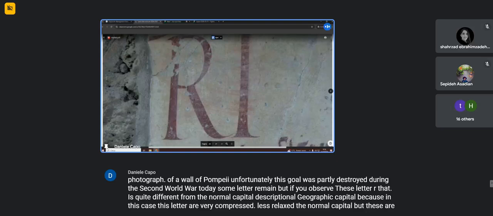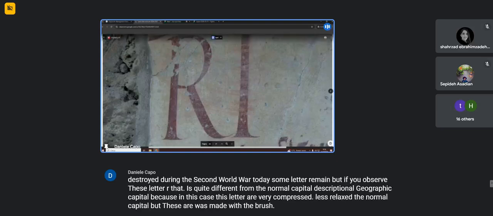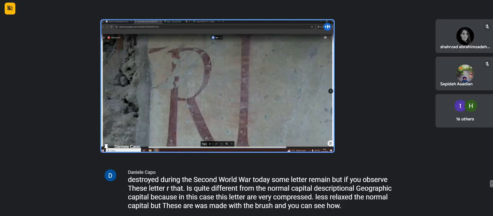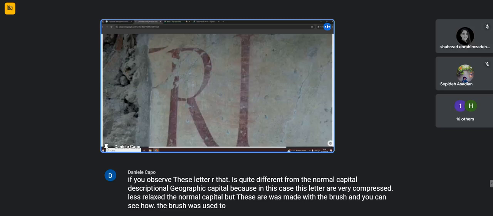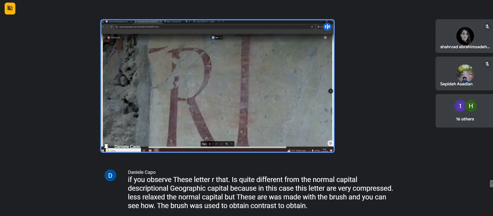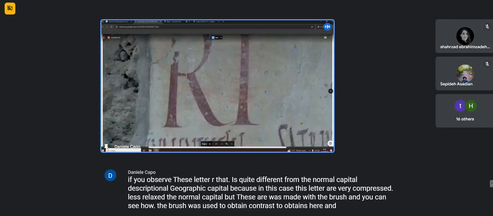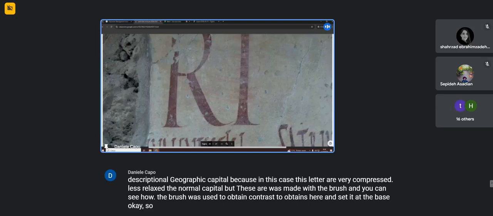This R was made with the brush. And you can see how the brush was used to obtain contrast, to obtain serifs here and serifs at the base.